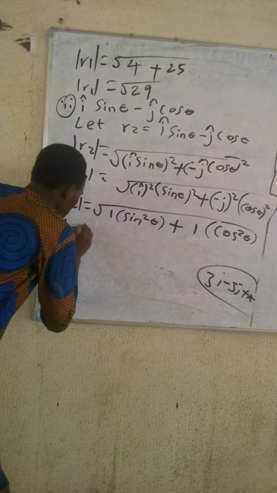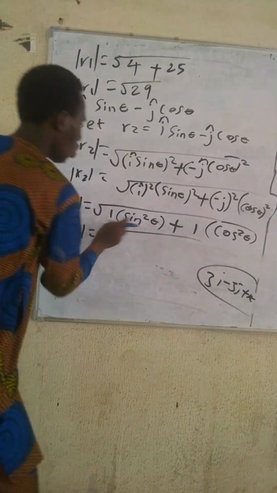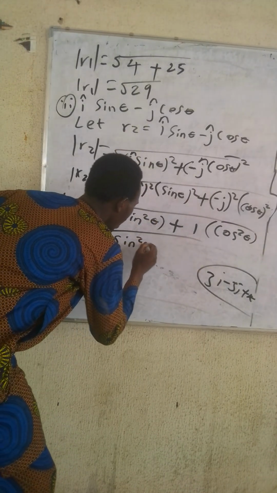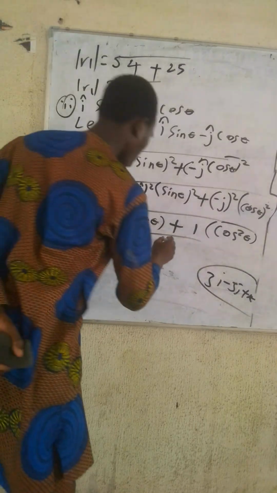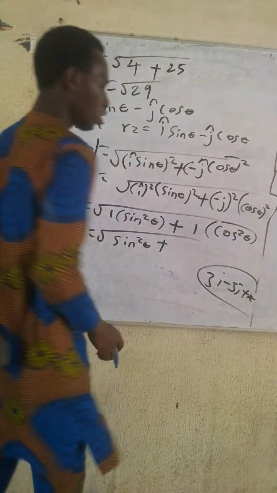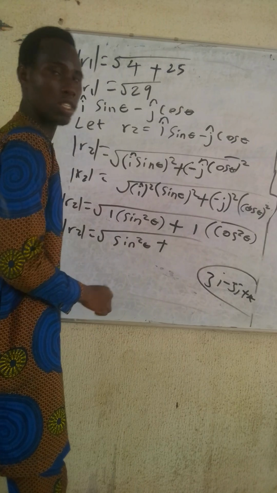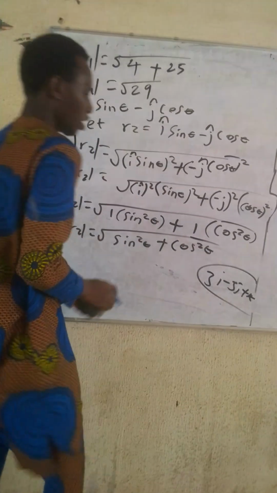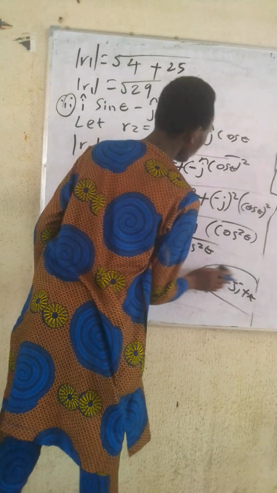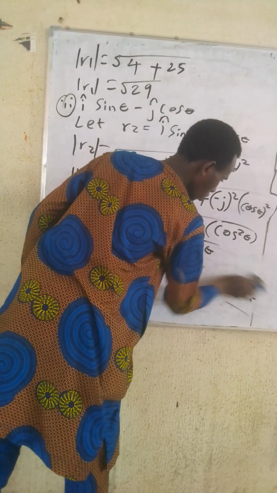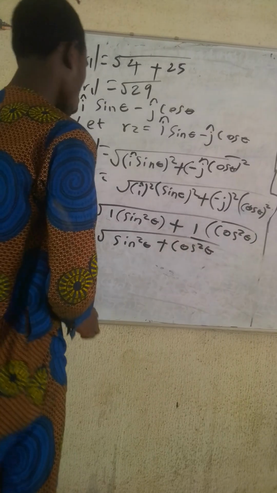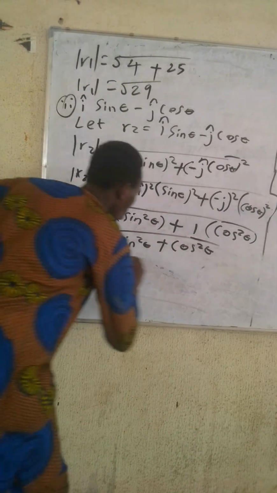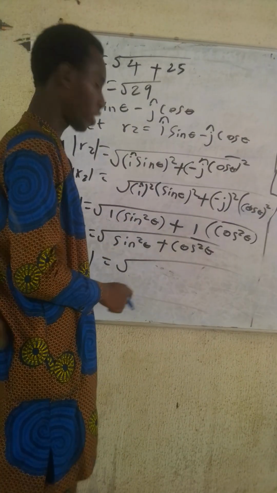So what do we have next? The modulus of R2 equals 1 times sine squared theta, which is sine squared theta, plus 1 multiplied by cos squared theta, which is cos squared theta.